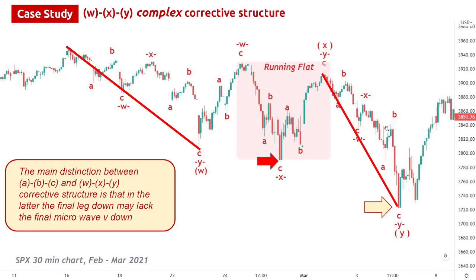You would have that structure bottom with the largest push down, which is kind of counterintuitive, because many people believe that we should get a positive divergence on oscillators, and positive divergence is generated when you get a final push down which is smaller in size than the previous one. But in that particular case, I don't think you would get a positive divergence, and many people would miss that bottom because we would be counting it as micro 3, micro 4, and here we would be waiting for 5 down.